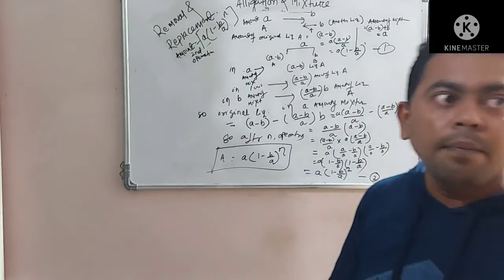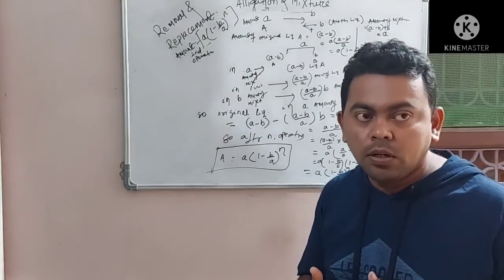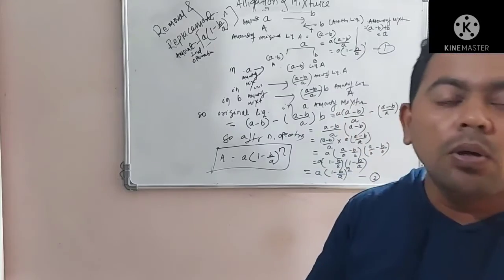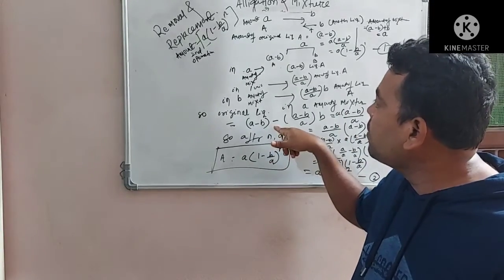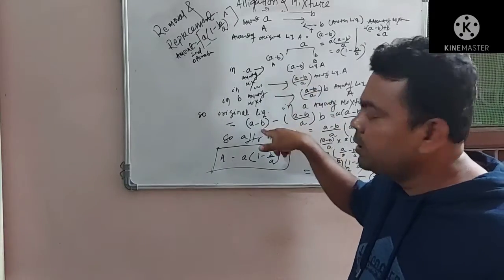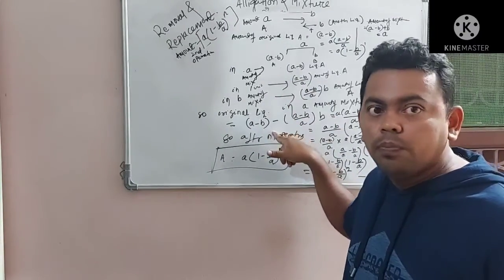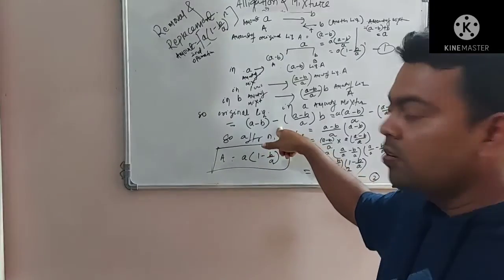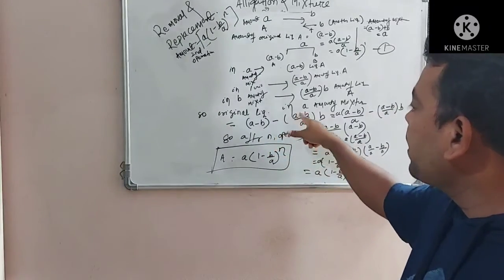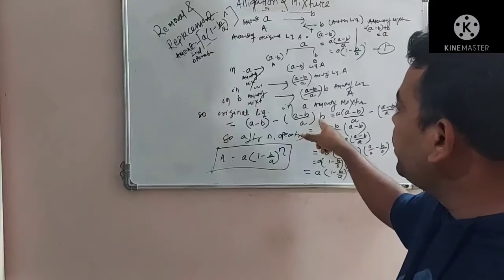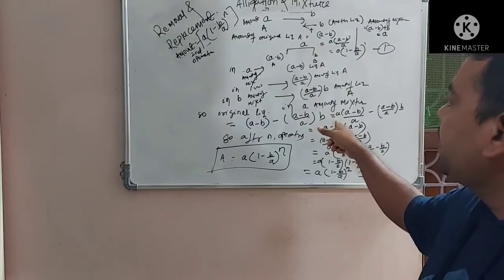So after the second operation, I have to find what is the amount of original liquid. Before the second operation, the amount of original liquid is A minus B. So the amount of original liquid drawn is equal to A minus B by A into B. I simplify that.